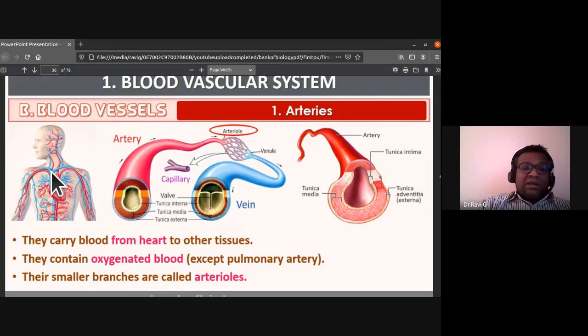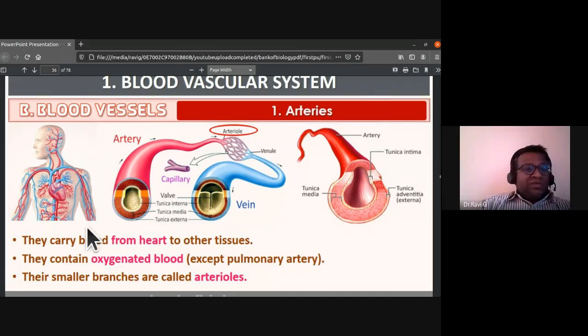The blue colored parts are the veins with the venules. So the arteries with arterioles carry oxygenated blood, and they are red in color, since they have the oxygenated blood. The blue colored ones are the veins and venules with deoxygenated blood.